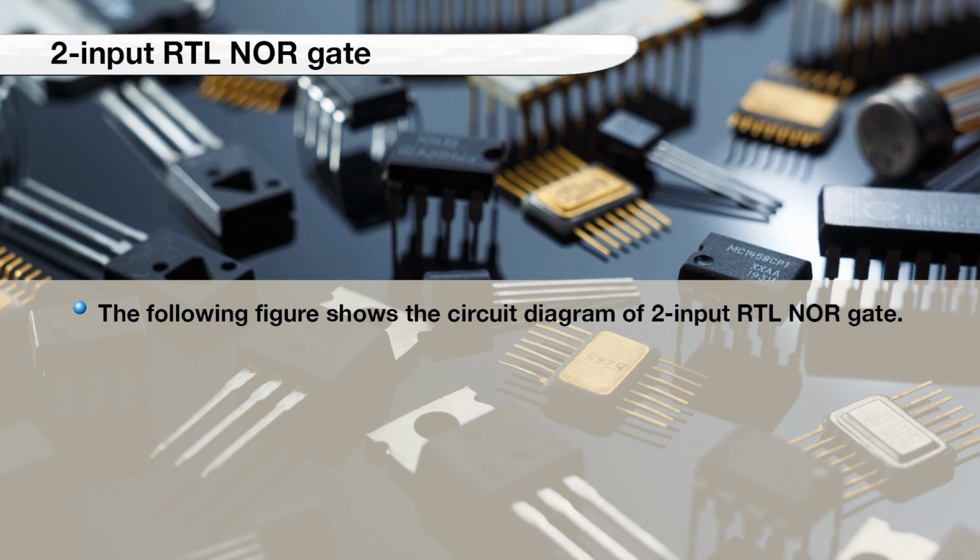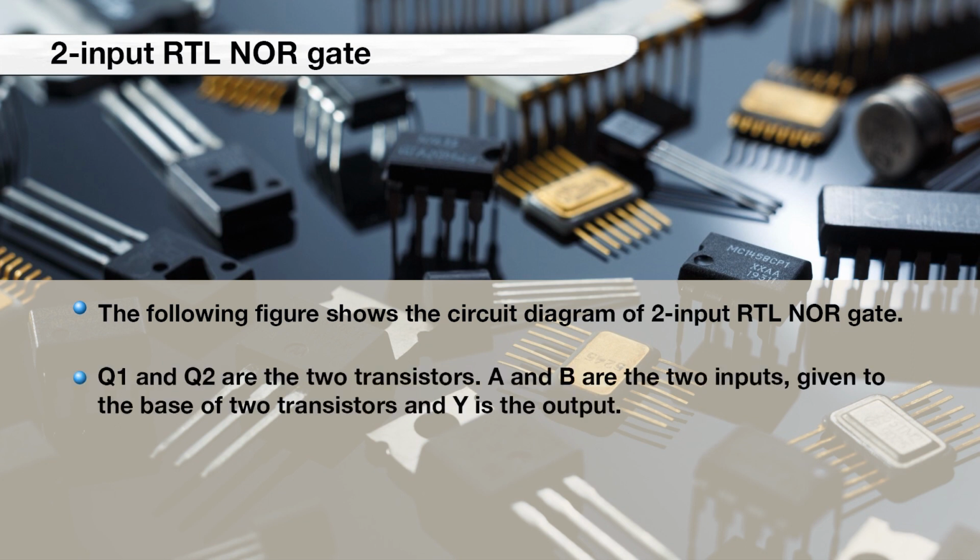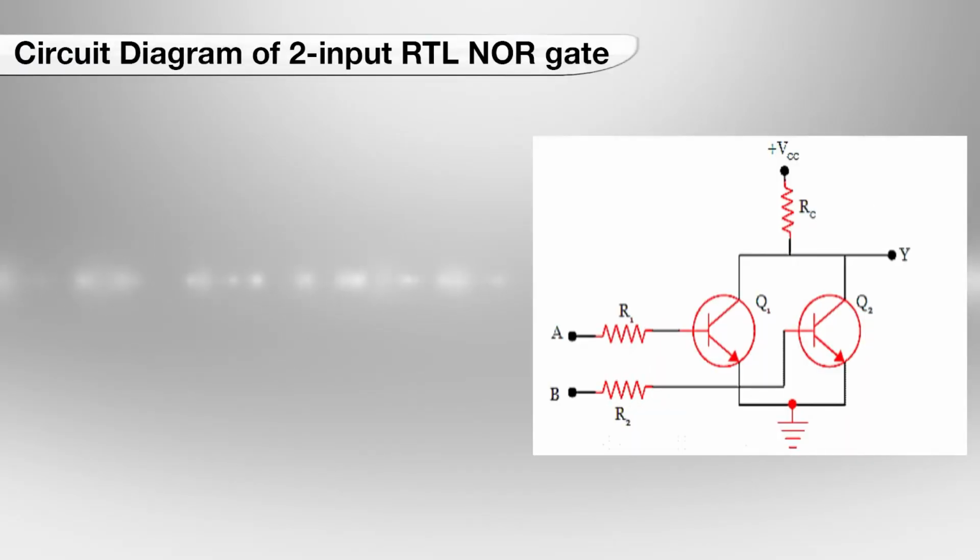The following figure shows the circuit diagram of the two input RTL NOR gate. Q1 and Q2 are the two transistors. A and B are the two inputs given to the base of the two transistors, and Y is the output.